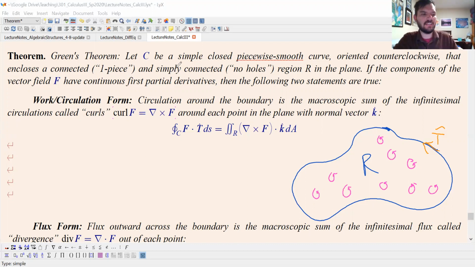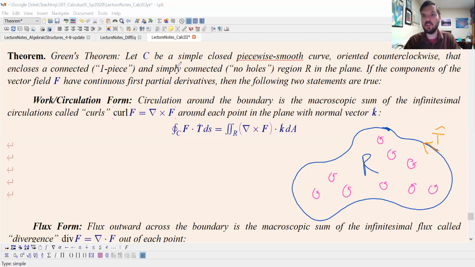What that is saying is that the information contained inside the region in terms of the curls, these little rotations, is the same as the information accumulated by measuring the work done to go around the outside of the region. There is a balance between information we can measure on the boundary and information we can measure in the interior. They are equal as long as the things you measure are carefully selected.